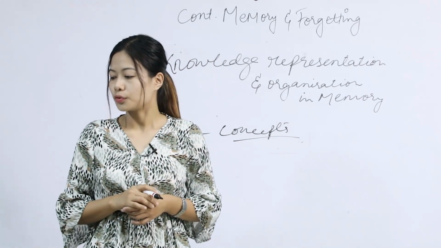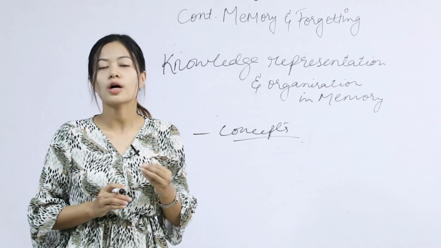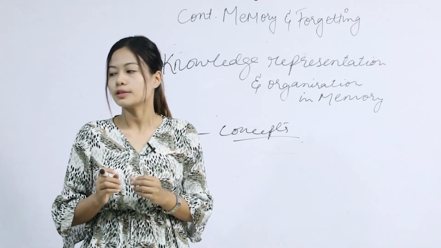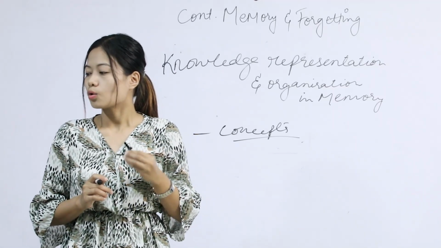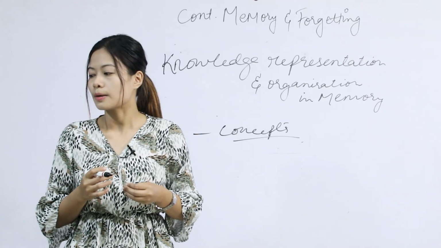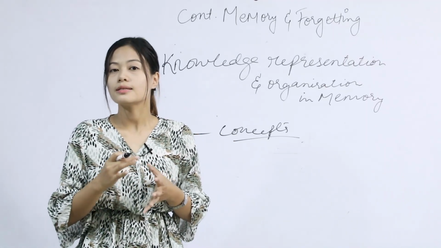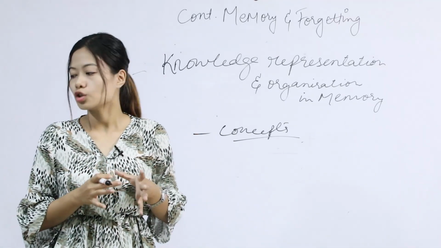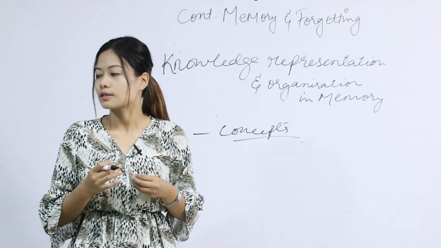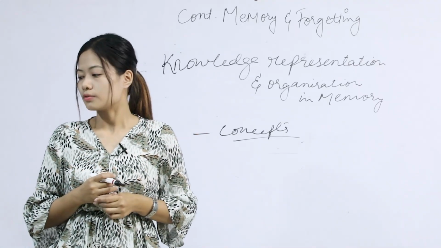Concepts are mental categories for objects and events which are similar to each other in one way or the other. Concepts are basically the general idea or explanation of certain things, objects or events. This general idea in an individual's mind helps in classifying those objects or events.